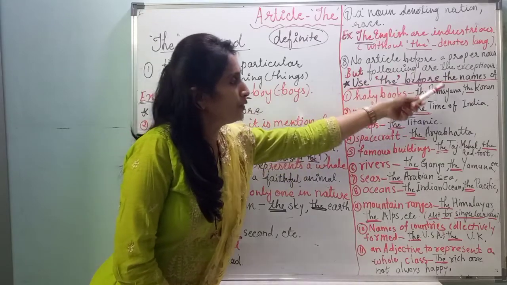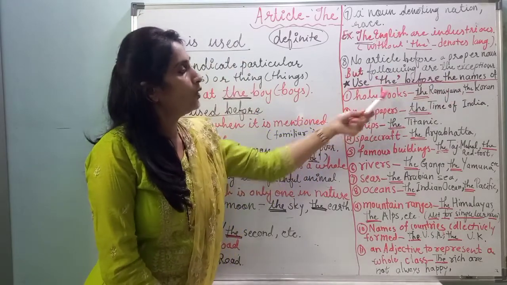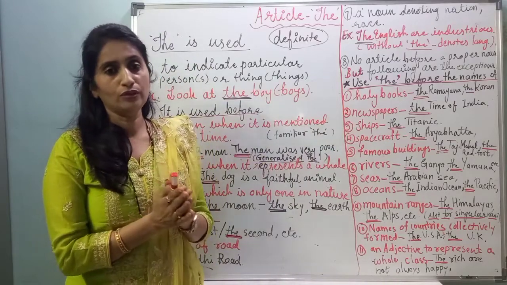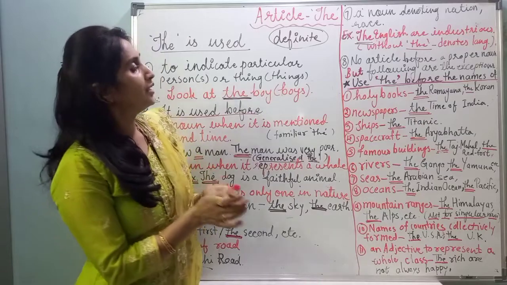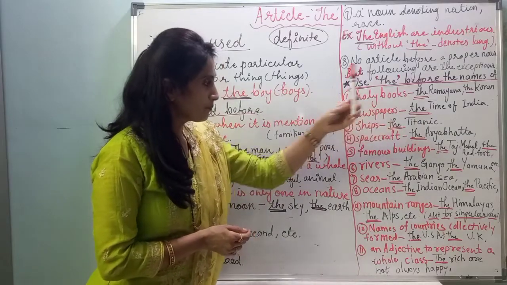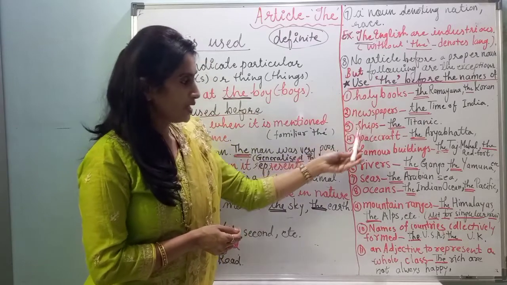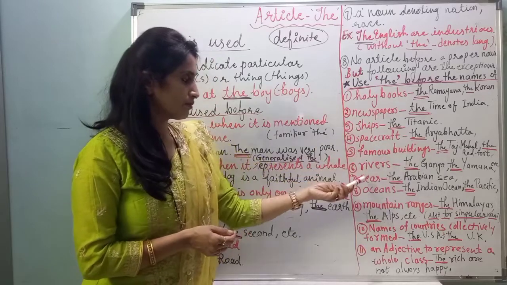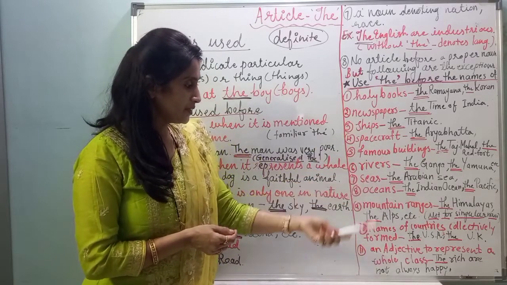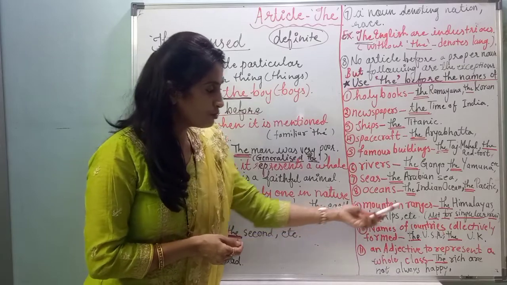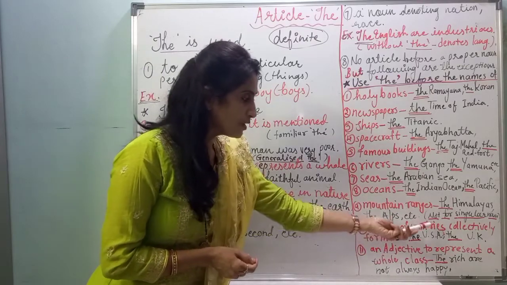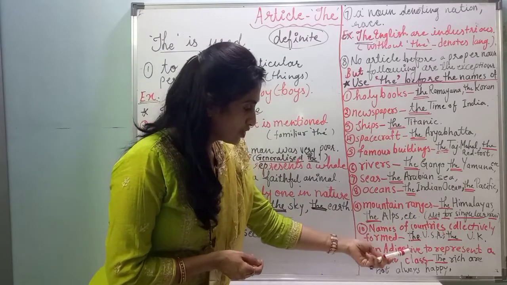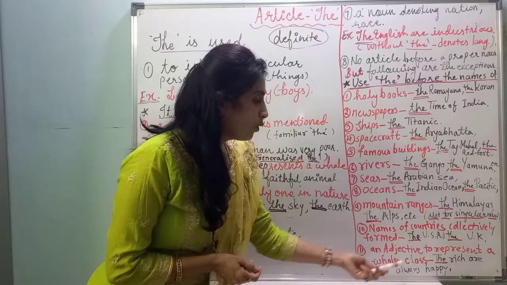Use the before the names of holy books. Okay? We should make use of the article the before the names of holy books, newspapers, ships, spacecraft, famous buildings, rivers, seas, oceans, mountain ranges, names of countries collectively formed, and an adjective to represent a whole class.